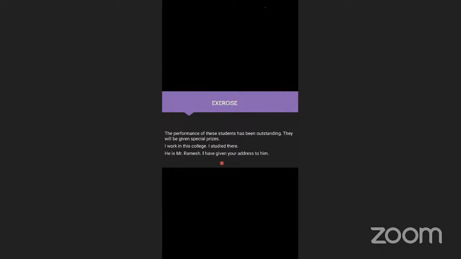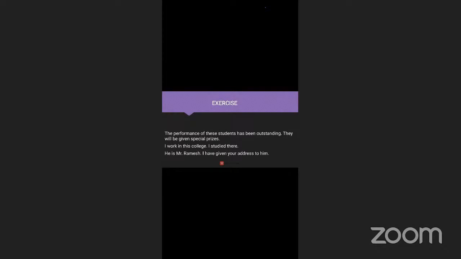Then next, how will we change this into a simple sentence? I studied and work in this college. That is the simple sentence. Why do we use "and" in both simple and compound? In a compound sentence, before and after "and" the subject and verbs are present.